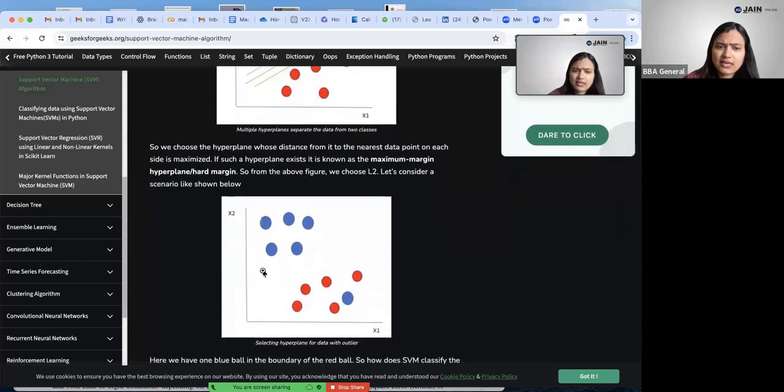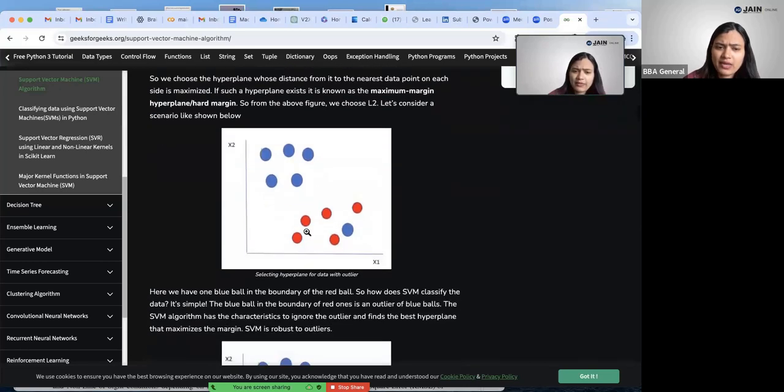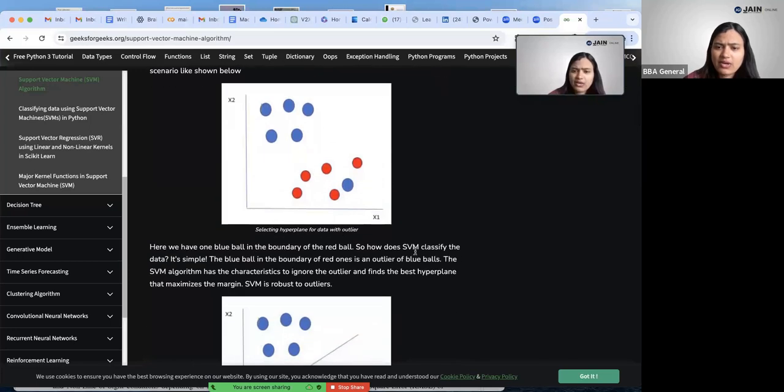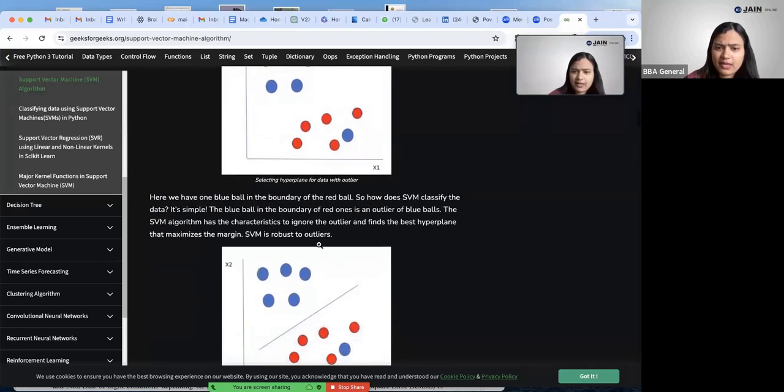Let's consider a scenario like the one shown below. Here we have one blue ball in the boundary of the red balls. So how does SVM classify this data? The SVM algorithm has the characteristic of ignoring the outlier.